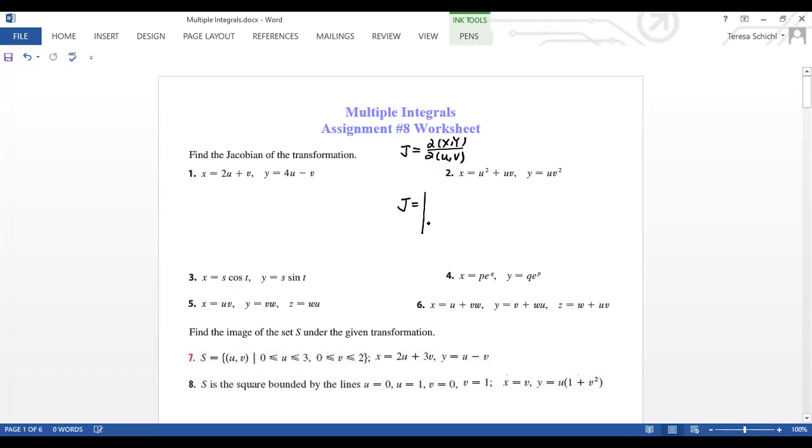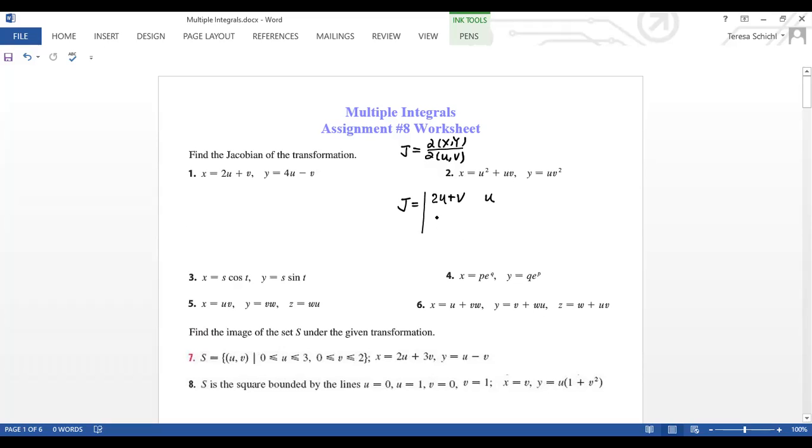The first is the partial derivative of x with respect to u. What is the first term? You will have 2u plus v. And then you take x with respect to v. What is the partial derivative with respect to v? u is a constant, so the u squared cancels, and what is left is u.